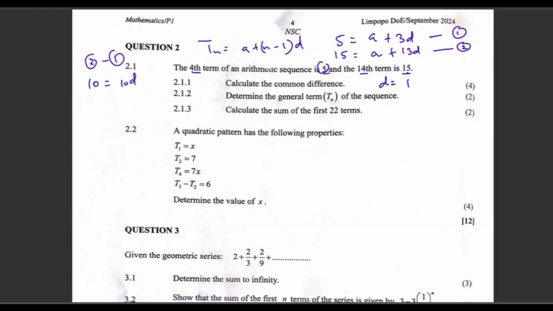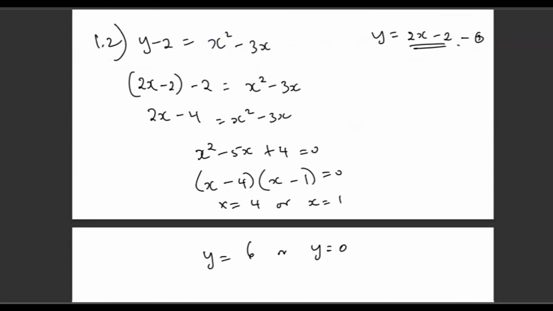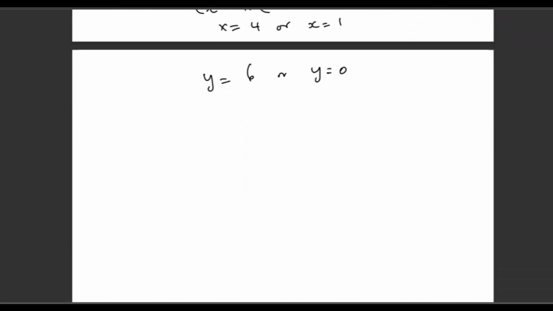Then they want us to determine the general term of the sequence. So we substitute. But before we substitute, we need to get the value of A. So replace D with 1. If I use the first equation, it's going to be 5 is equal to A plus 3, which means A is 2. And my general term Tn, let me just write it this side, because space is not conducive that side.